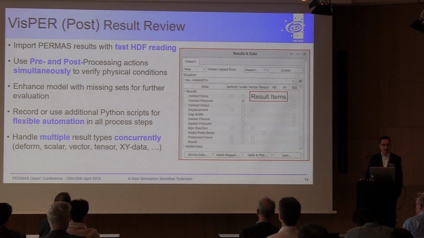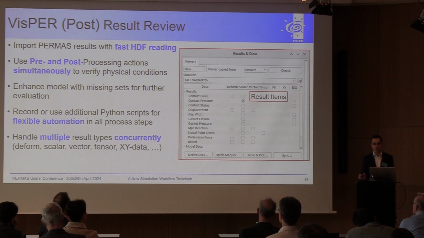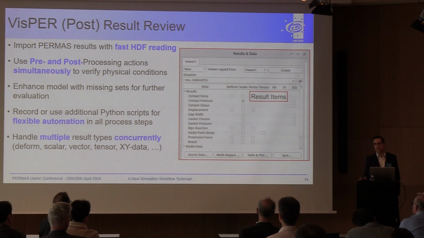It is possible to switch in VisPER between the post-processing functionality and the pre-processing functionality simultaneously. If you remember, we used VisPER to create the physical definition, and in this step, if you are missing, for example, some nodal point sets for result evaluation, there's no problem. You do not have to switch tools or start new applications.